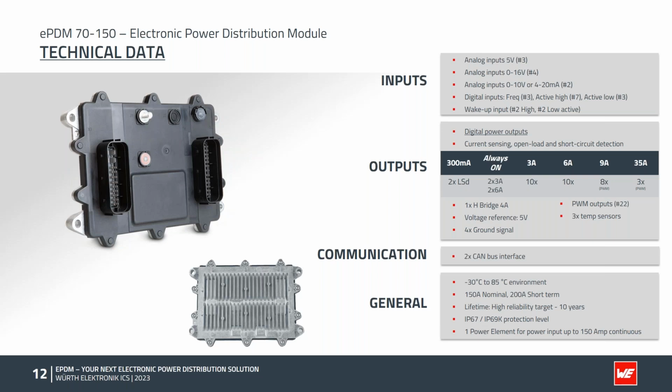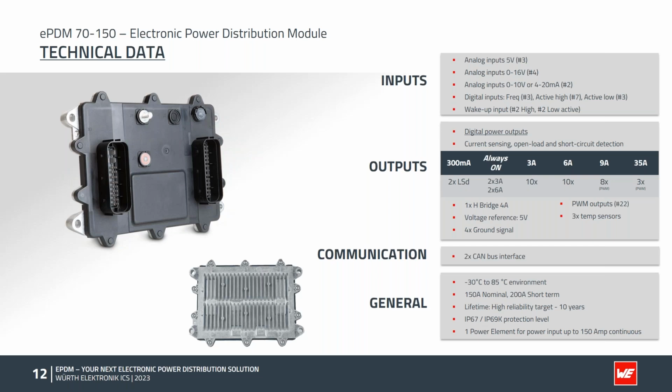Those outputs can be used to supply your larger loads as part of your vehicle, giving you the ability to manage the power supply in a more global way. Oh, and I almost forgot, we have 1 4-ampere full bridge output. To be used with our 5 volt analog inputs, we do provide a switchable 5 volt voltage reference on the device.